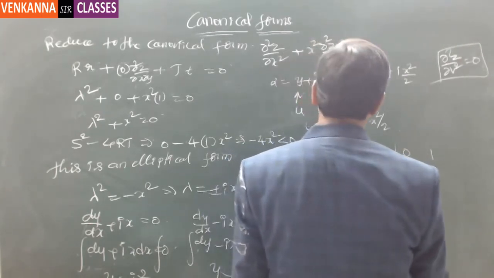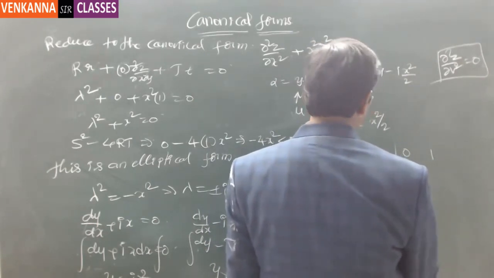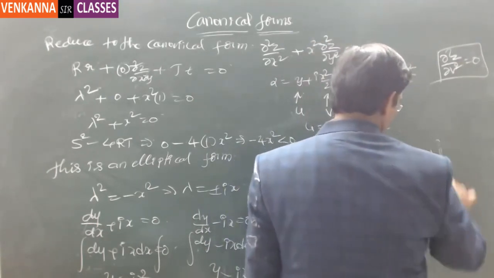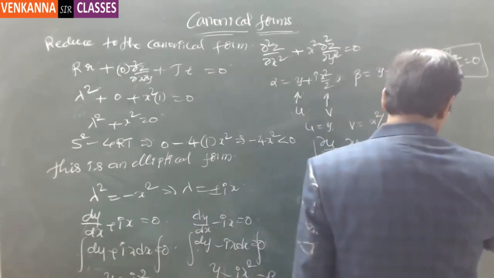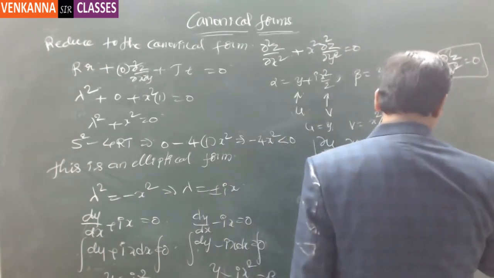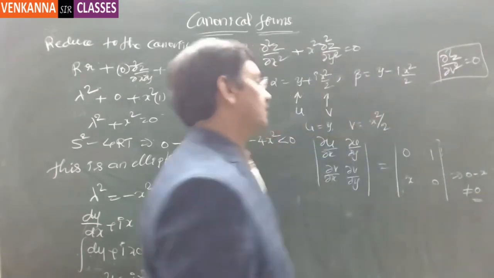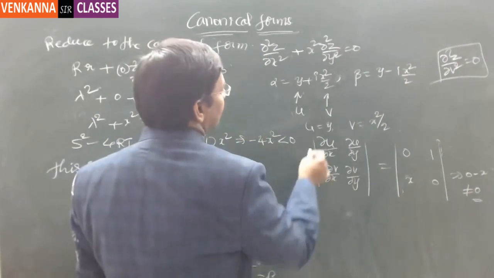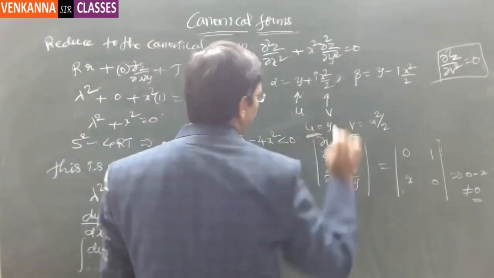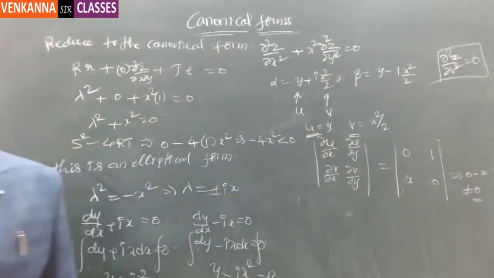Dou v by dou y equal to 0. So this is AD minus BC, 0 minus x. So this is not equal to 0. Got it? So hence you can take these as independent variables, then you can express the original differential equation in terms of u and v.